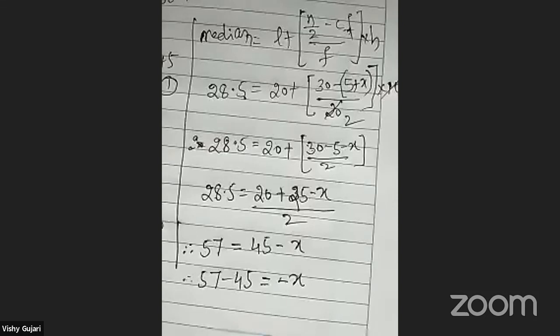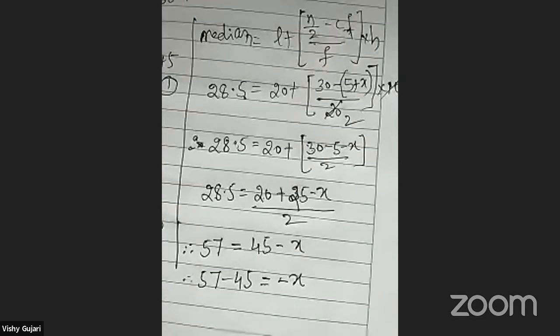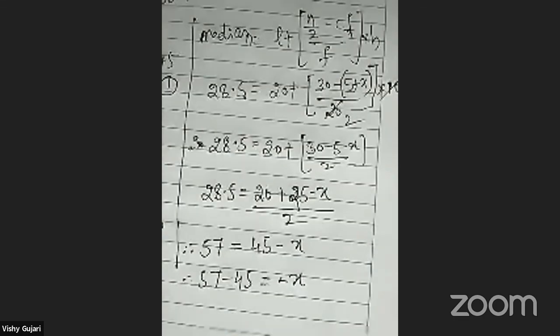Sir, 28.5 is equal to 20. We write directly 8.5 into 20. You want to bring that to LHS? Yes, sir. Again, we are getting the same result, 8.5.